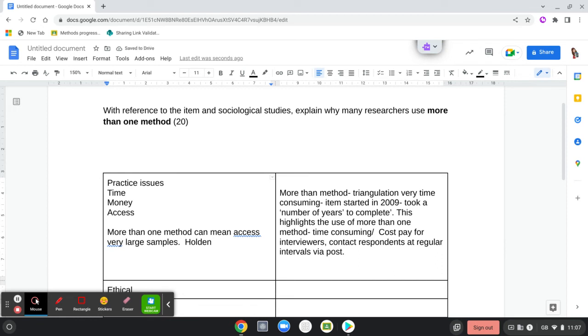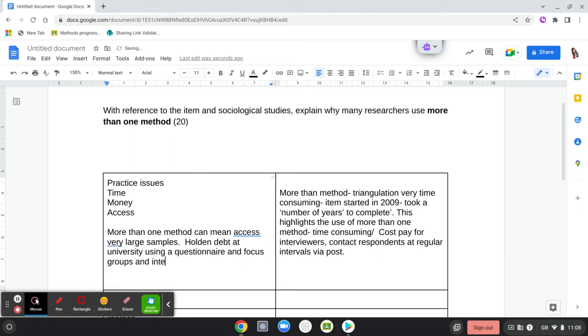So for Holden, in his study of debt at university, using a questionnaire and focus groups and interviews.